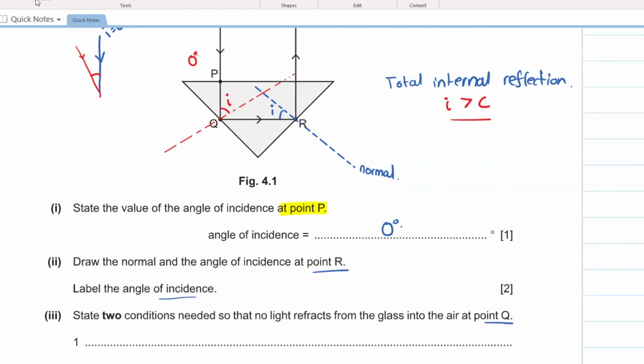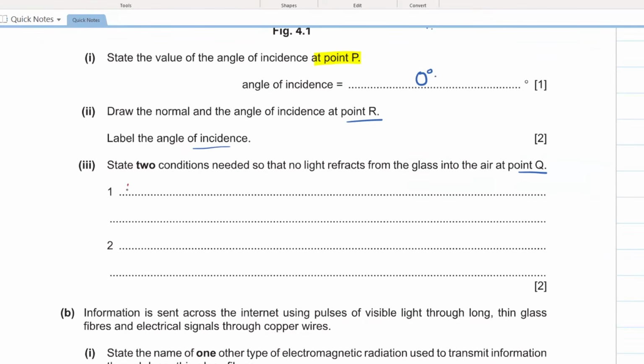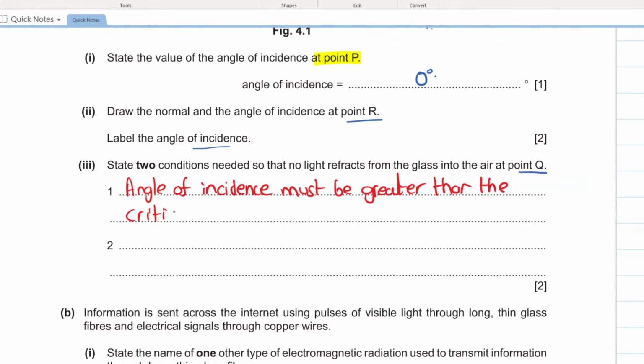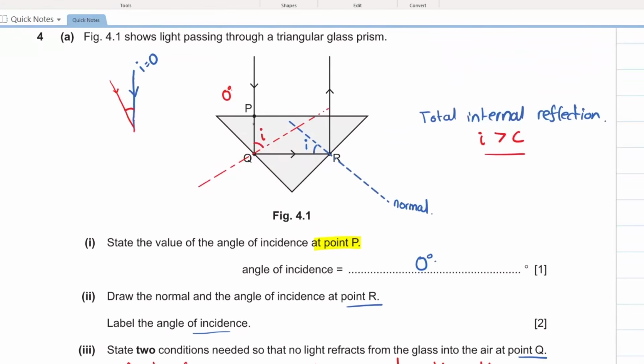So first of all, you will write angle of incidence must be greater than the critical angle. Perfect. And what is the second condition? Do you remember बेटा critical angle और total internal reflection वाले concepts कब होते थे?